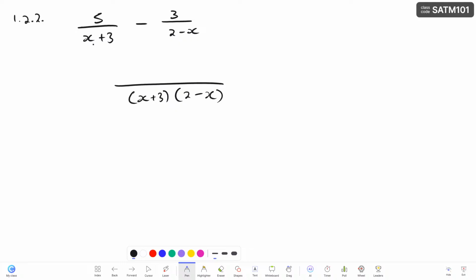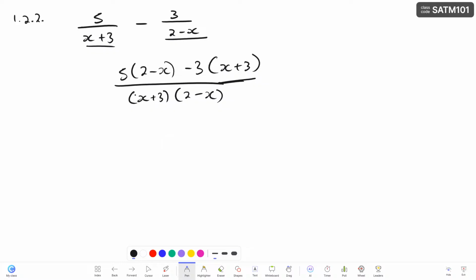You take this and multiply with this first. Then you take this one and multiply with 5, so it's 5 times 2 minus x. Then you also take this one and multiply with negative 3, so negative 3 times x plus 3.